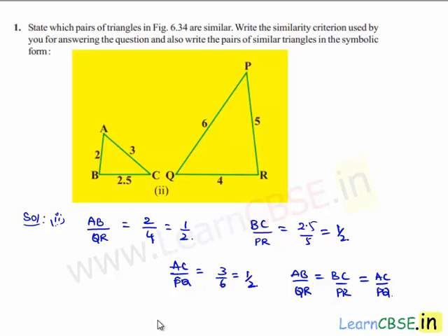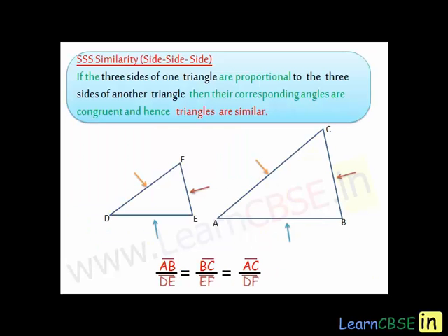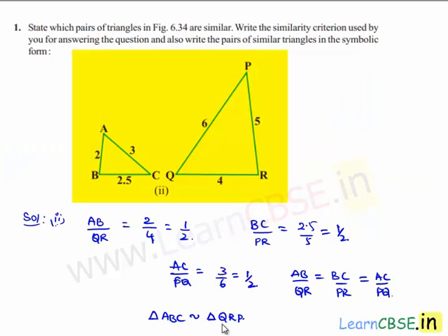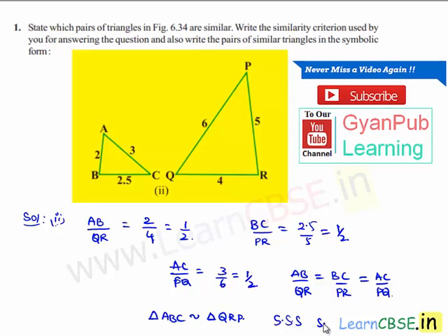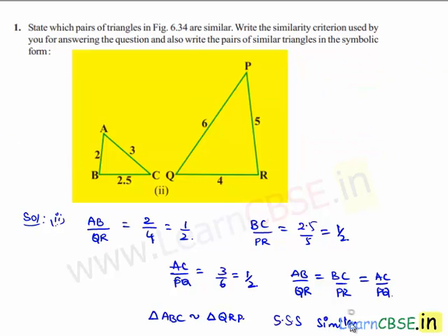So finally we can say that triangle ABC is similar to triangle, A corresponds to Q, and B corresponds to R, and C corresponds to P. Finally, we can say that triangle ABC is similar to triangle QRP according to SSS similarity, as all sides correspondingly are in proportion.